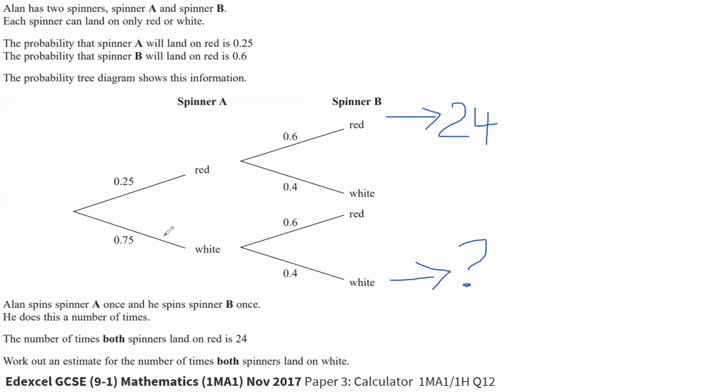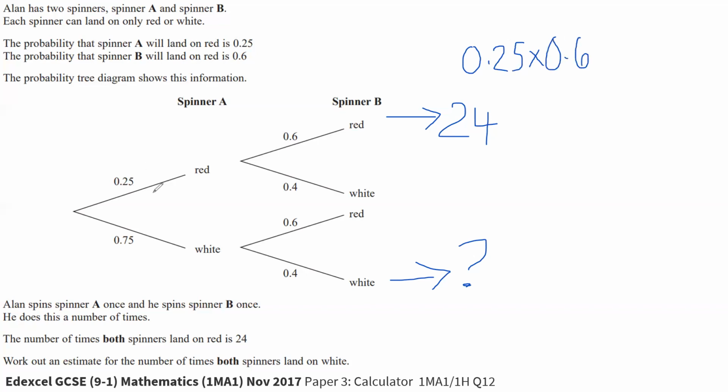So when we're looking at these probability tree diagrams, remember that if we're looking for the probability of a combination, so in this case, we're looking for the probability that both spinners are going to land on red, we've got the probabilities for spinner A and spinner B individually, but to work out the total probability for red and red, we're going to do 0.25 times 0.6.